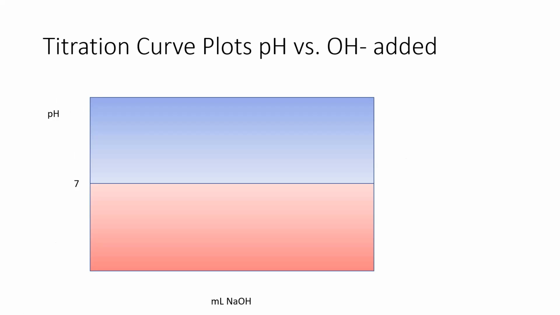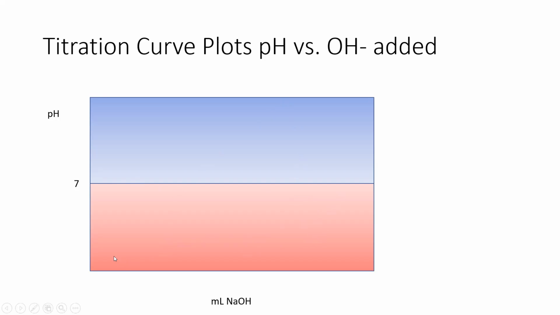Okay, so a titration curve is plotted where pH is on the y-axis, the vertical axis, and the volume of your titrant, so usually sodium hydroxide, is on the bottom, on the x-axis. And I've color-coded this a little bit to indicate that below 7, our pH is acidic, and above 7, our pH is basic.